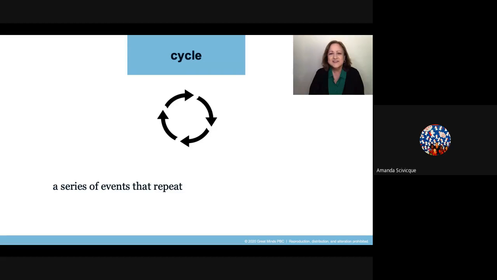A cycle is a series of events that repeat. This definition is not the easiest definition, so I really have to think about what it means. An event is when something happens. We know that when we think about the elements of a story. A series means that there's more than one event. And repeating means that it happens again.